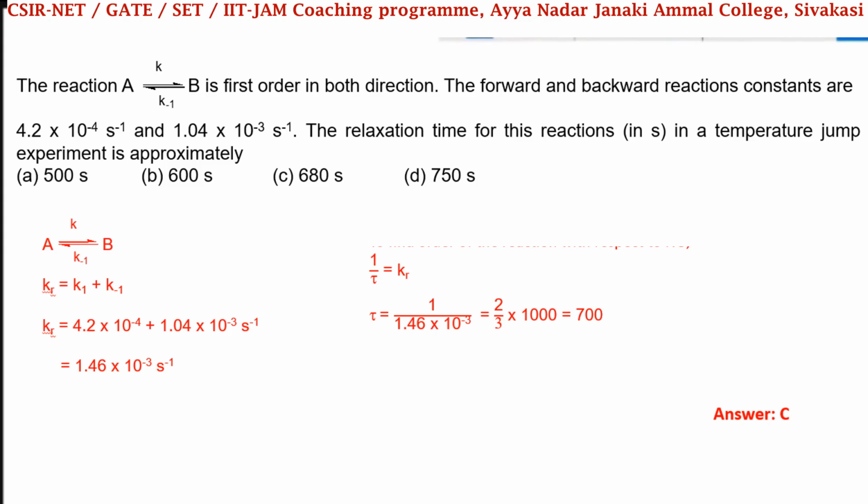It is equal to the rate constant for the forward reaction plus the rate constant for the backward reaction. Therefore, Kr is equal to the sum of these two, 4.2 into 10 power minus 4 plus 1.04 into 10 power minus 3, equal to 1.46 into 10 power minus 3. Do you understand the summation? How I have added this, or do you want some more explanation for this?